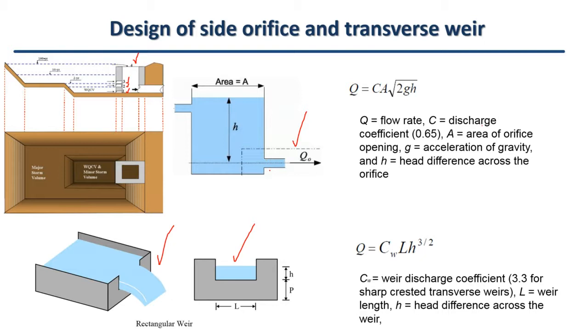This orifice is an opening in a part, we can call it the orifice. But if you want to use the orifice, it has got this formula. Can you see the formula? And this is for the weir. The formula for the weir gives you the flow rate as a function of the parameters: C, and L is the length of the weir.